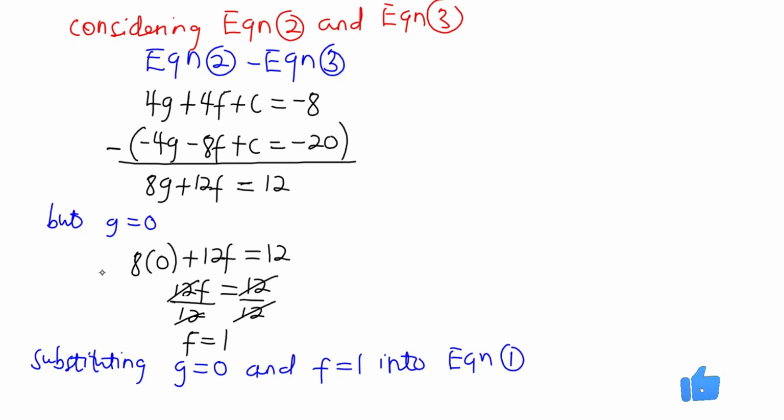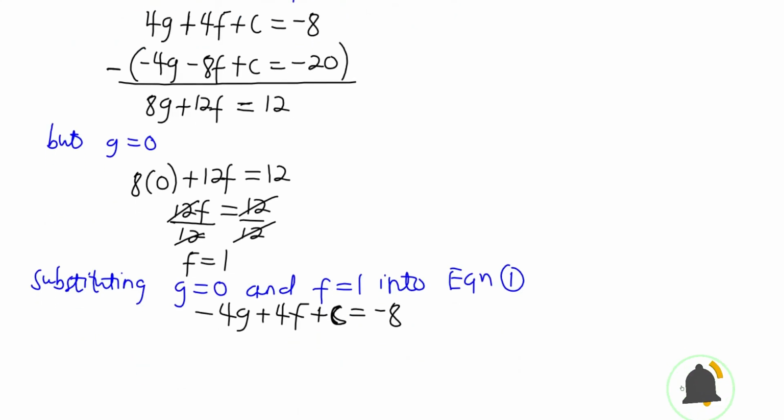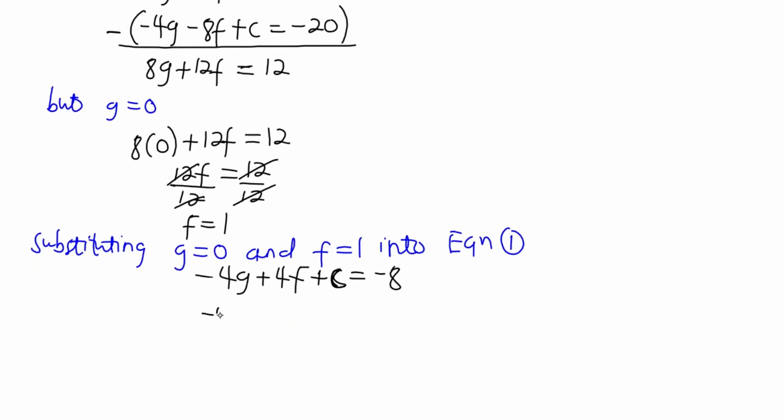So into equation 1, remember that our equation 1 was given as minus 4G, I believe, plus 4F, and then plus C, which is equal to minus 8. So if we know the values of G and F, then we can substitute to find our C value. So here, minus 4 multiplied by 0 plus 4 multiplied by 1 plus C, which is equal to minus 8.